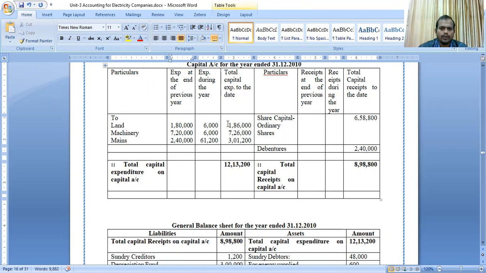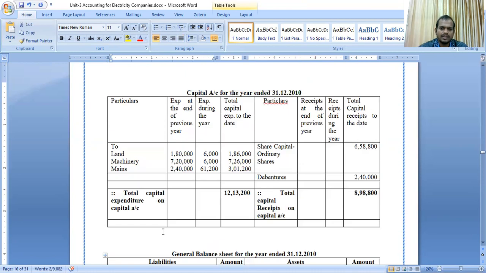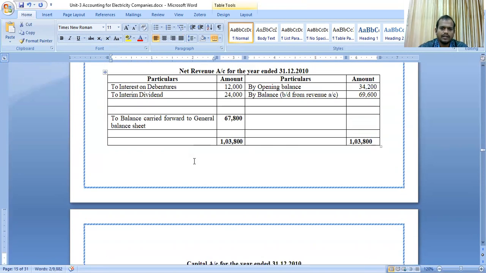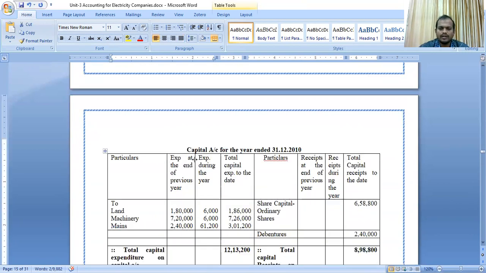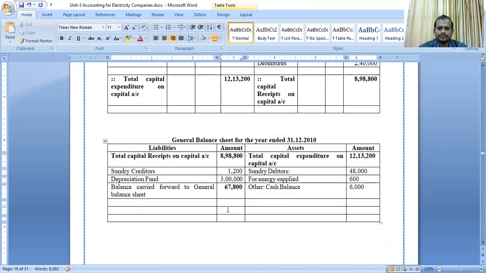And we have to treat these fixed assets at cost, like we should not deduct any depreciation from the fixed assets. We'll show it as a separate fund, depreciation fund. So that is why the depreciation will be charged in the revenue account, and that balance will be transferred to the depreciation fund. So finally, this depreciation fund comes in the liability side of the balance sheet.